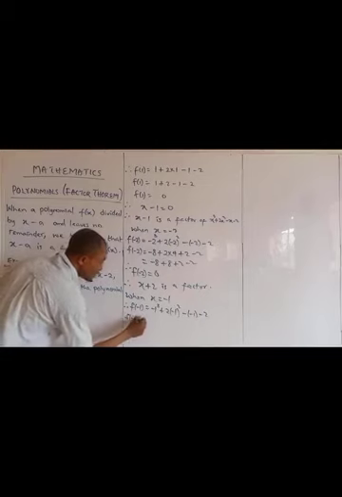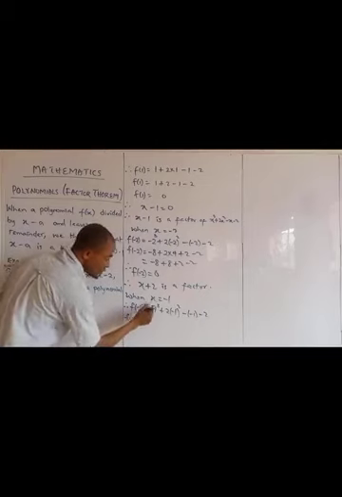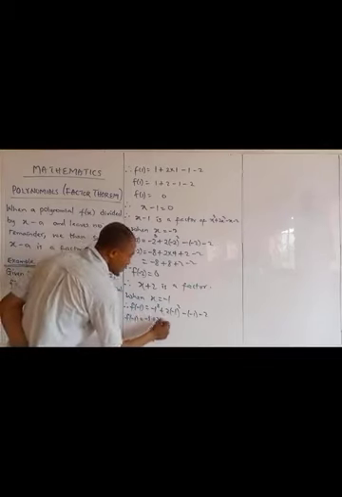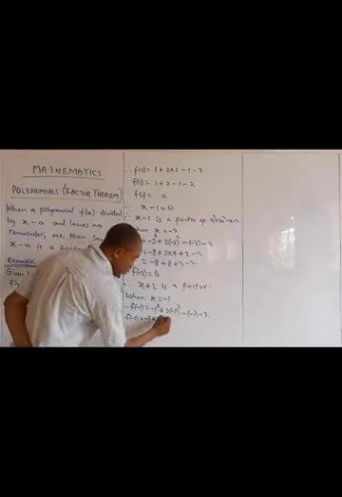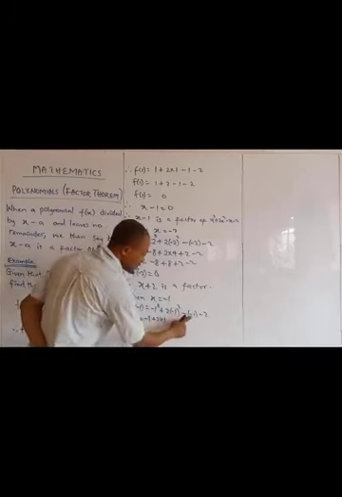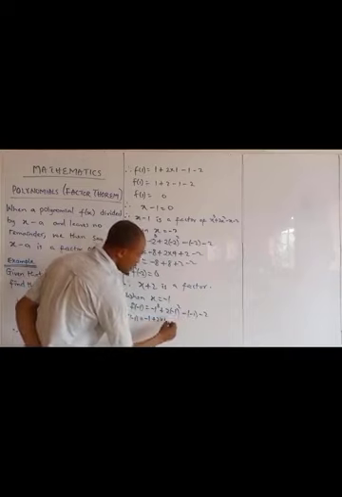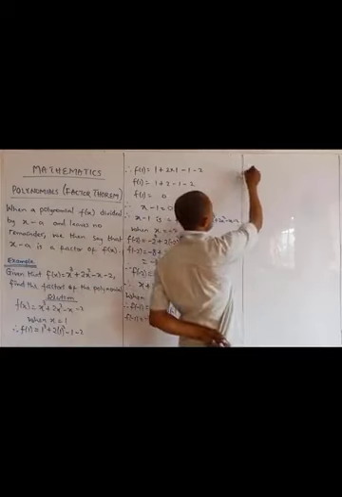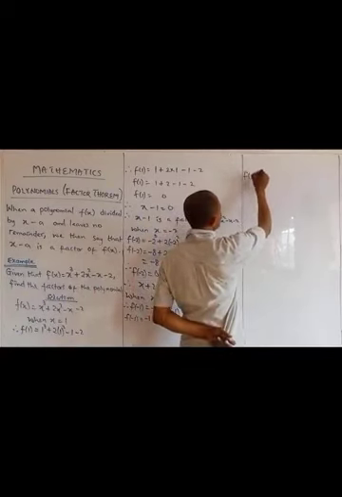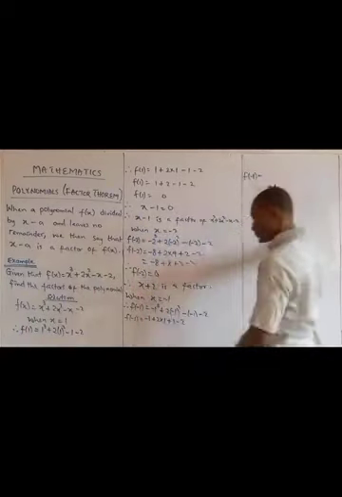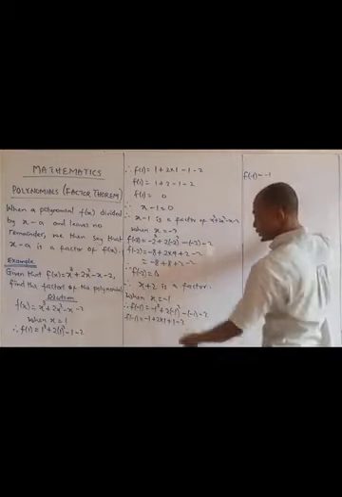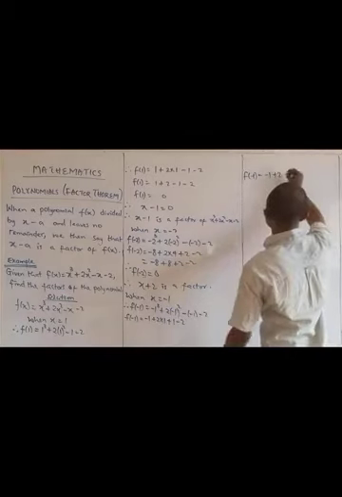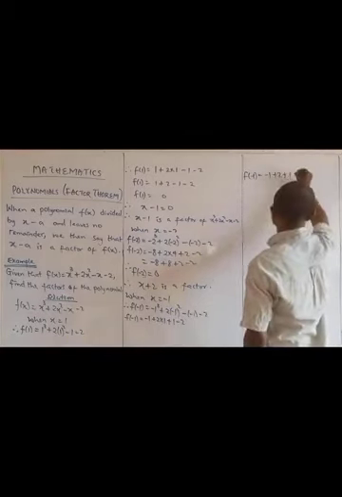f of negative 1 equals negative 1 to the power of 3, that will still give us negative 1, then plus 2 multiplied by negative 1 squared, that is 1. Then negative 1 multiplied by negative 1, that will give us positive 1, then minus 2. So that f of negative 1 will be equal to minus 1 plus 2 multiplied by 1, that will give us plus 2, then plus 1, then minus 2.